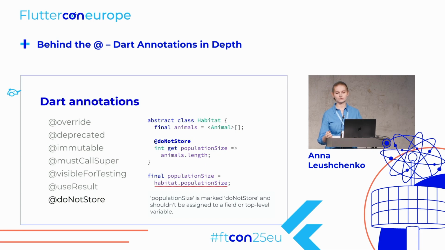So we would not want someone to persist this number into a variable and then make decisions based on the local copy, just because it immediately gets outdated. So by annotating this getter with the do not store annotation, I can produce a warning when someone saves its value. Well, it's quite a rare case, but still nice to know.